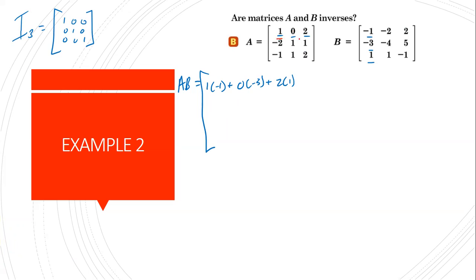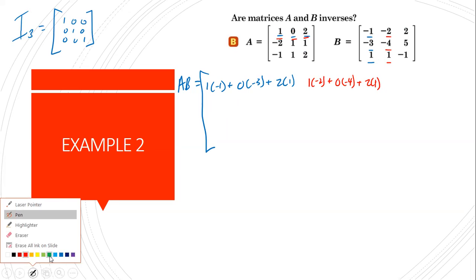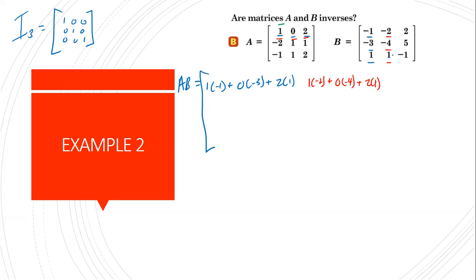Now we have 1 times -2 plus 0 times -4 plus 2 times 1. And then we have 1 times 2 plus 0 times 5 plus 2 times -1.